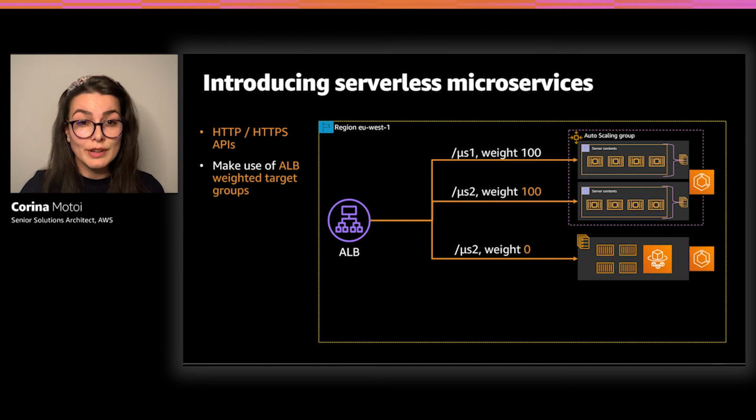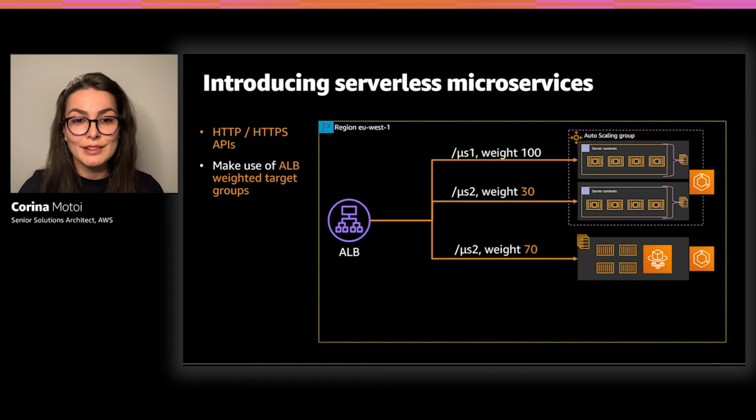For example, to start with, you will have all the traffic going to microservice 2, the old version, and zero traffic going to microservice 2, the newer version, which is based on serverless. Then you can gradually increase the weight of the traffic that goes to your newer serverless microservice.